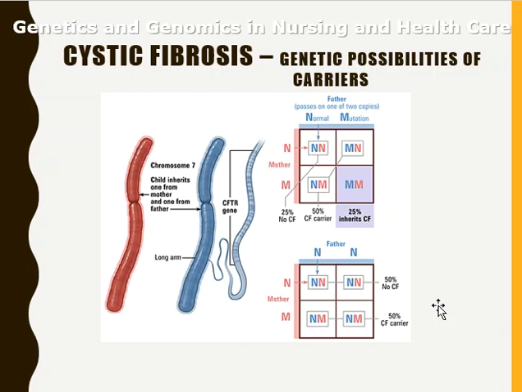So there's a 50% chance that there's no cystic fibrosis and 50% that there'll be a carrier of cystic fibrosis. As opposed to the above one where two are carriers, and then you've got a 25% chance that they will actually inherit cystic fibrosis expression.